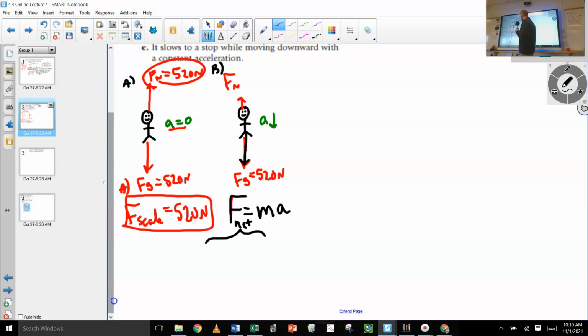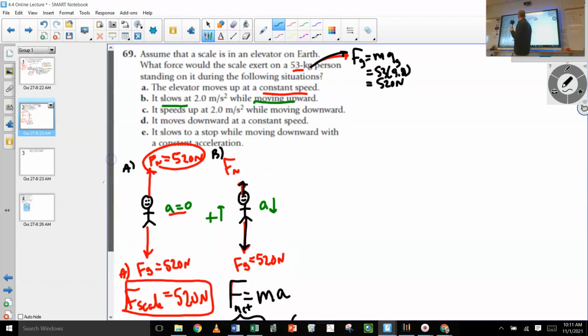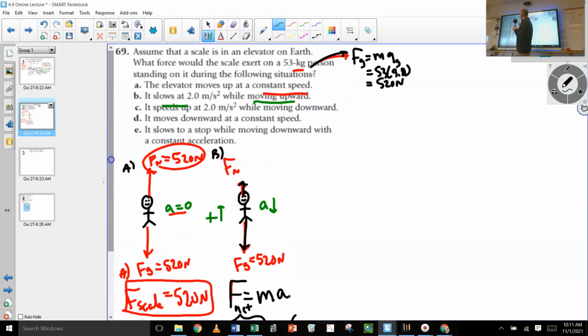I've got a downward force. We should say which direction we want to be positive. I'm going to go up as positive. So I've got a negative 520 newtons. And I have a positive normal force. My mass is still 53 kilograms. And my acceleration, do they tell me what the acceleration is? Yeah, 2.0 meters per second squared.